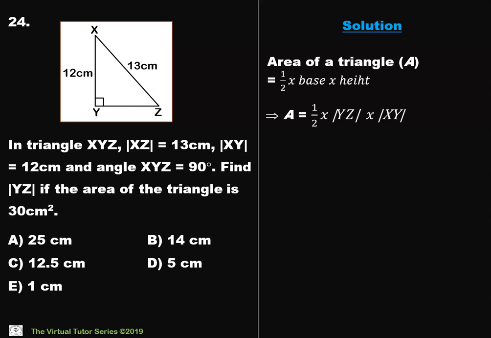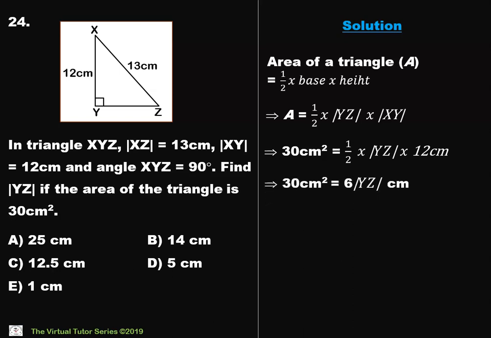So we have 30 centimeters squared to be equal to 1/2 times the length of YZ times 12 centimeters. Half of 12 centimeters is 6 centimeters. Therefore, we have 30 centimeters squared to be equal to 6 YZ centimeters.